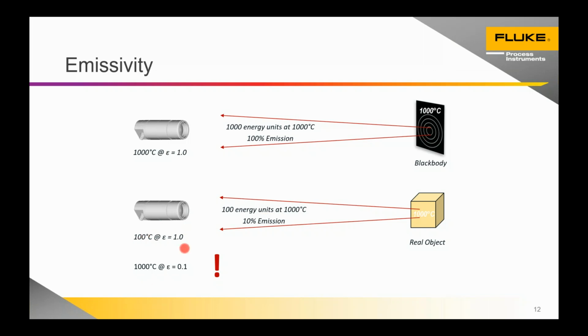But if you were then to change the compensation setting in the sensor to 0.1 to match the 10% emission, so 10% emission, 0.1 emissivity, you can then correct the reading to be essentially true. There's other challenges with reading something that really is only 10% emissive, because it's also 90% reflective. That's a whole webinar. But as a rule of thumb, that's what emissivity is about.